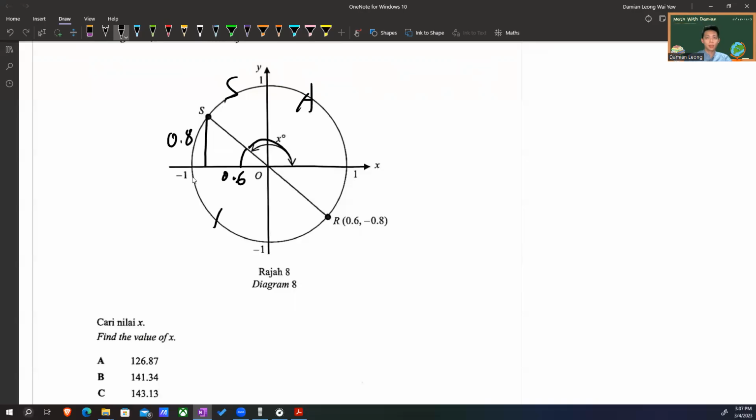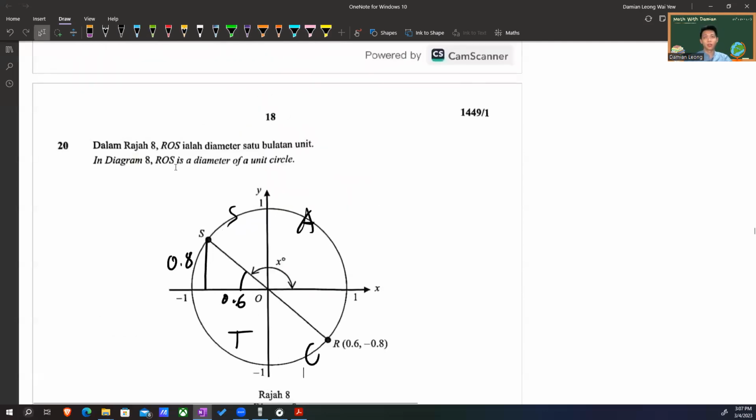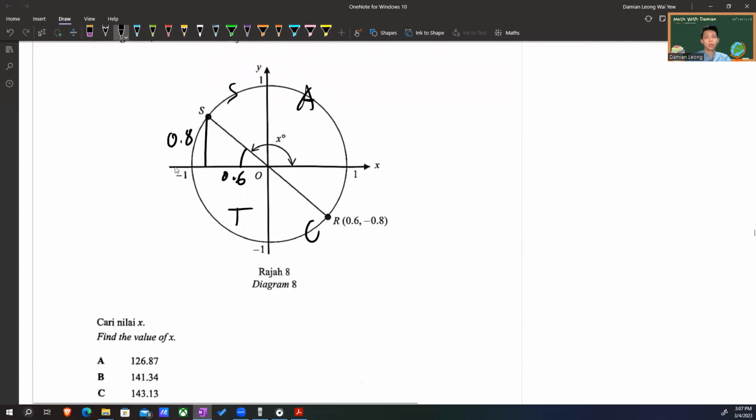So ASTC we actually don't need. ASTC basically is to determine whether it's positive or negative for sine, cos, tangent. But here we don't really need it.